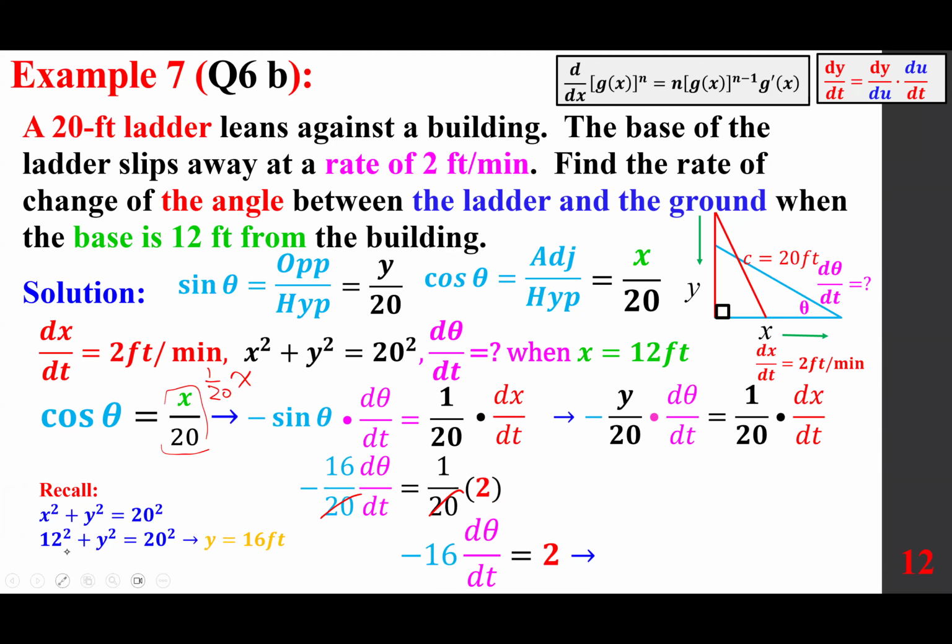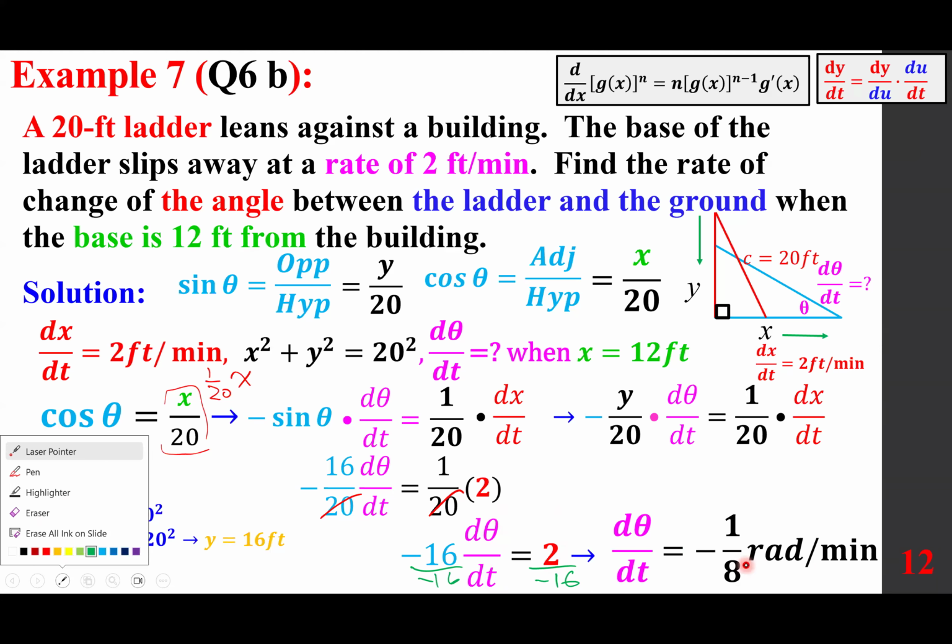And so we're going to divide by negative 16, and the result would be negative 1 over 8. Negative 1 over 8, what are the units? Units of the numerator over units of the denominator. Units of theta is always radians in calculus, and of course we know the time is in minutes. So negative 1 over 8 radians per minute.